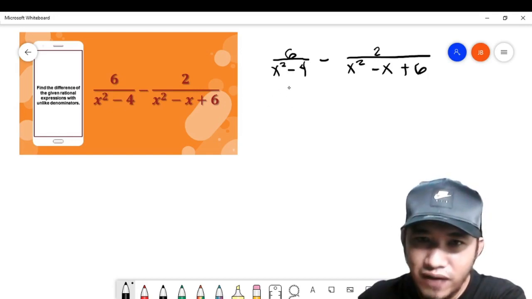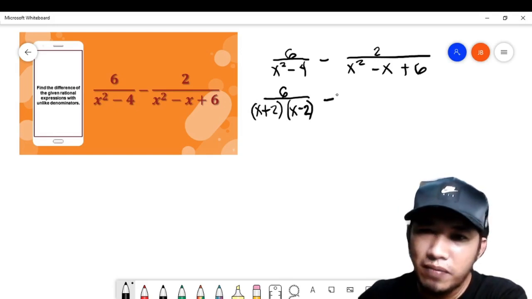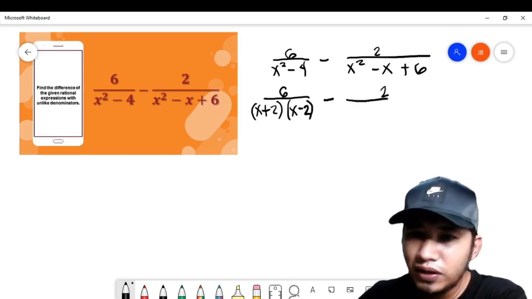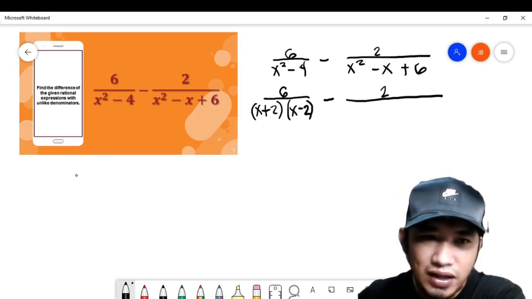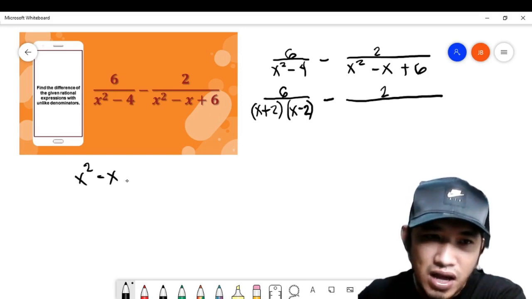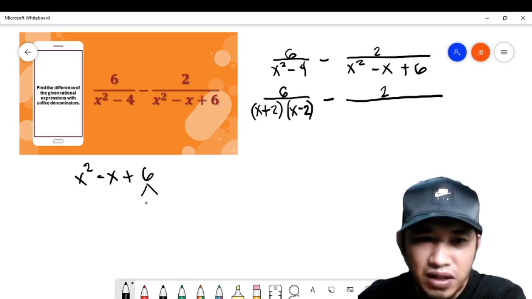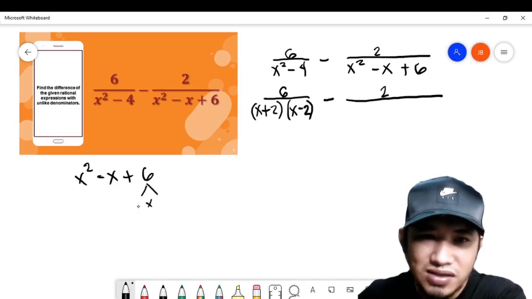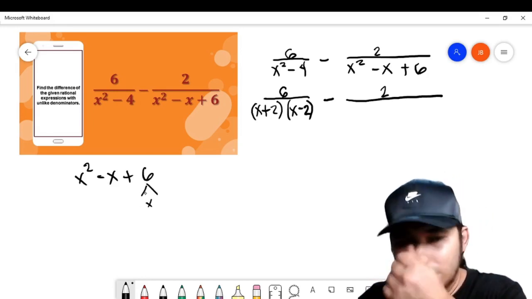So the factor of x squared minus 4 is x plus 2 and x minus 2. Minus, copy 2 all over. Okay, para makuha ang factor ng x squared minus x plus 6, mag-isip ka ng dalawang number na kapag pinag-multiply mo, ang sagot is yung last number.